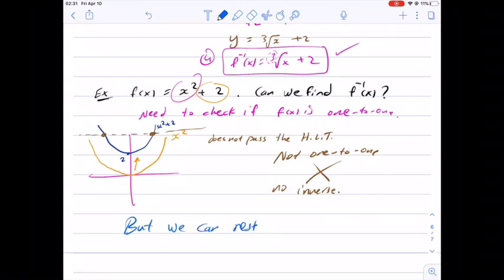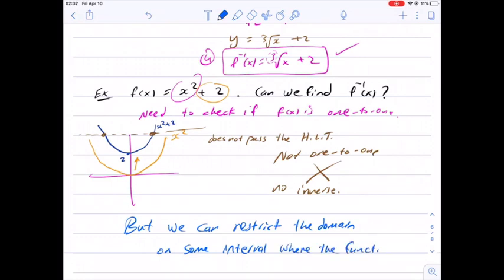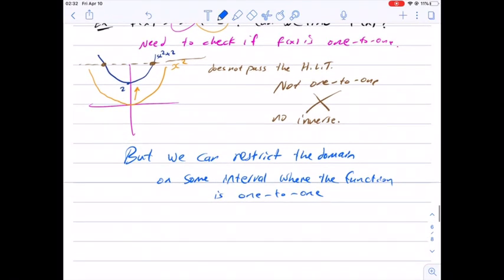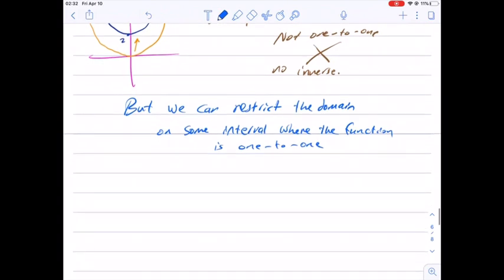But we can restrict the domain on some interval where the function is 1-to-1. For example, for this function, let me graph this function again. This is x squared, sorry.